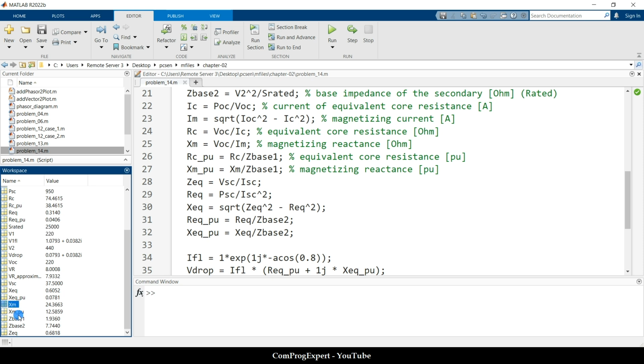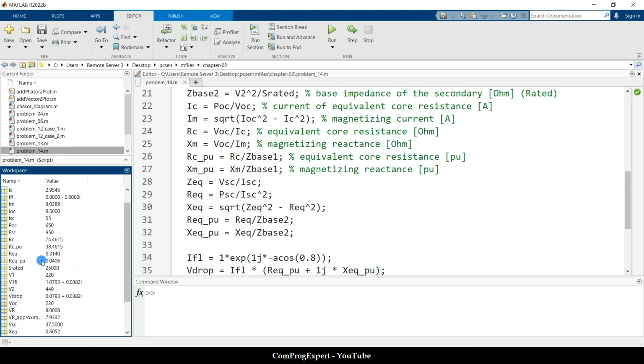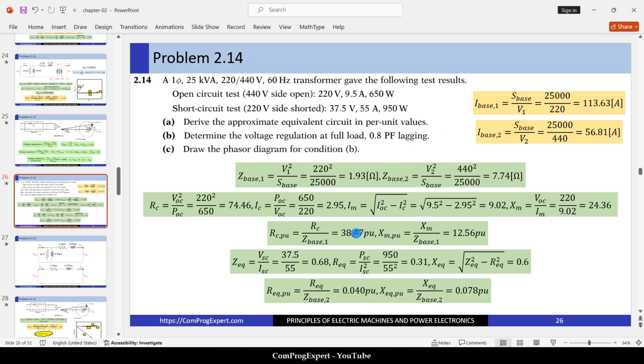Yes, the XM in per unit format is 12.58. Yes, correct. The equivalent core resistance in per unit is 38.46. Correct.